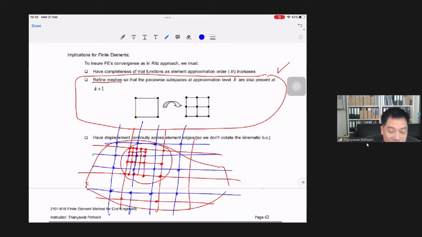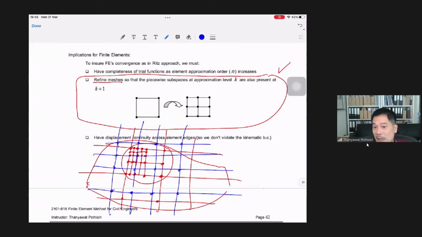Because in most finite element analysis programs, if you ask the program to generate a mesh for you automatically, it would do something like the blue lines. So it keeps refining the mesh without taking into account the coarser mesh in the previous step.